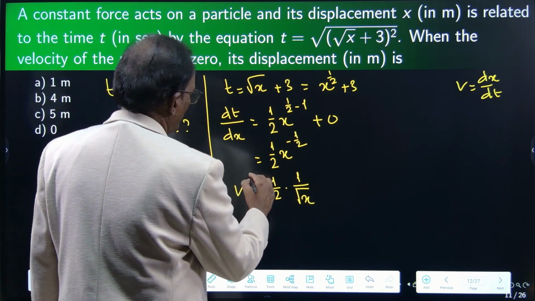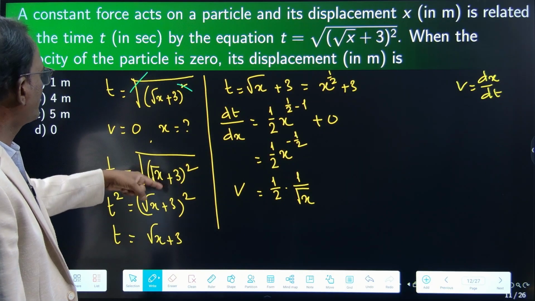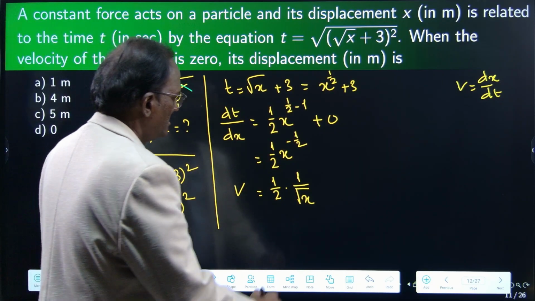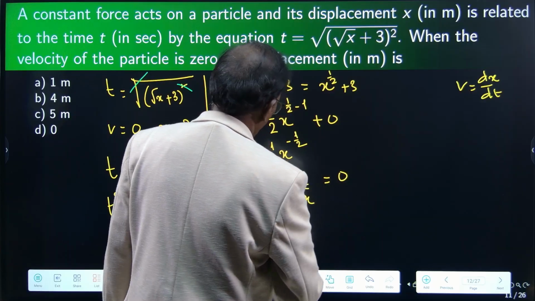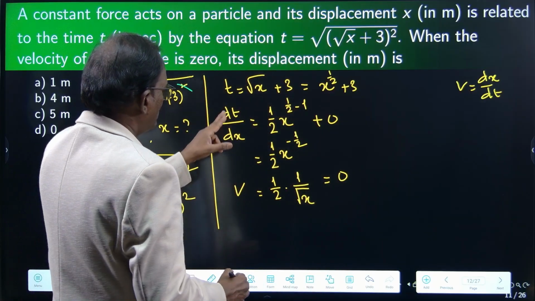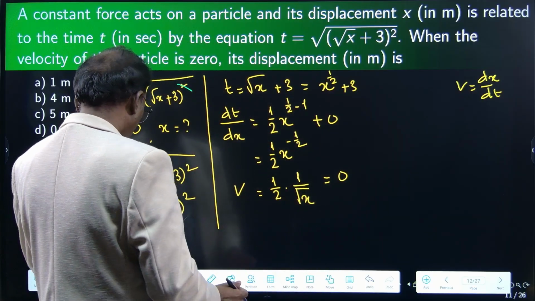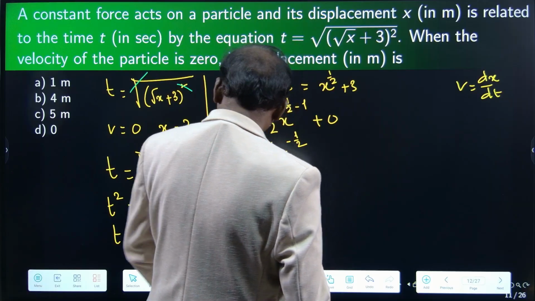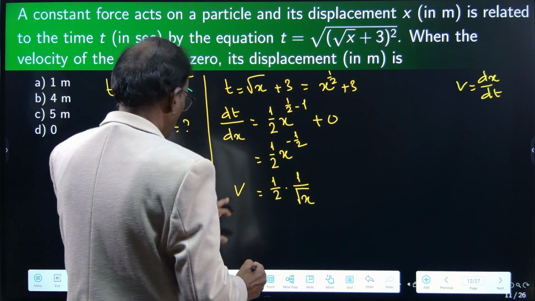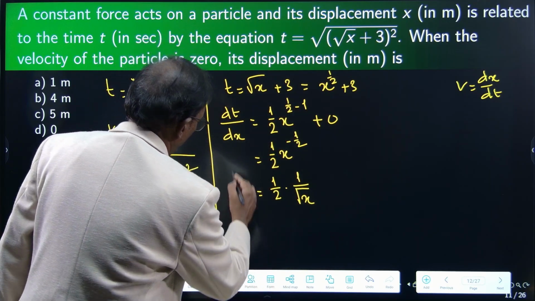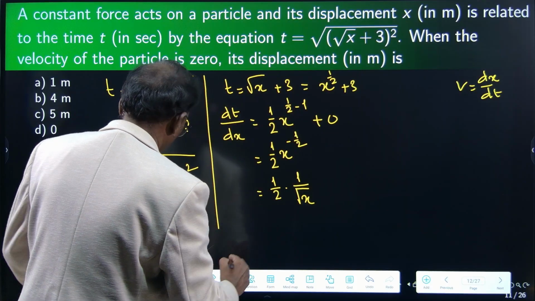So this is the velocity. The question is, the velocity of the particle is 0. I am sorry, this is dt by dx; we have to take the reciprocal. As I told, we have to take the reciprocal. This is not v. V = dx by dt.